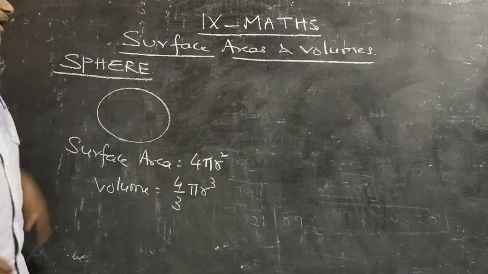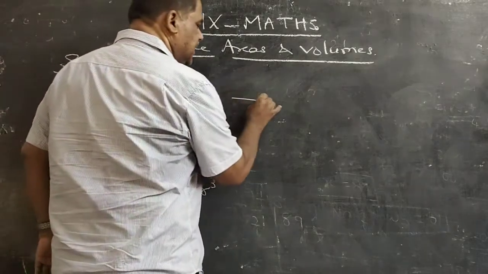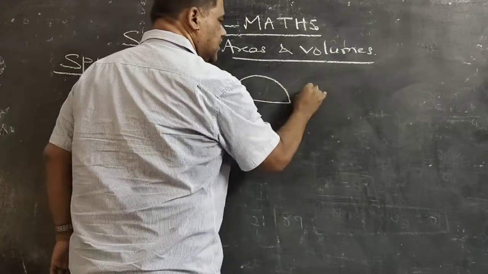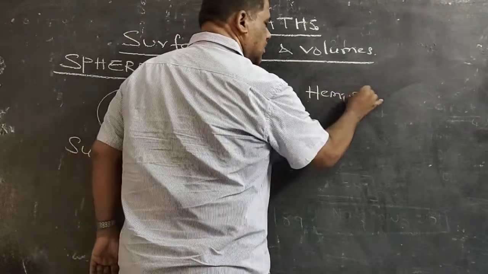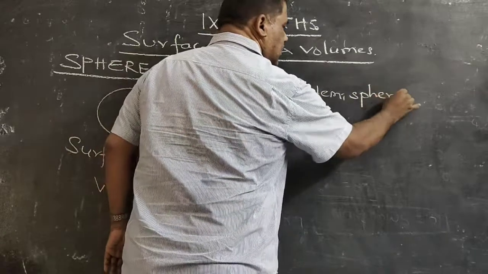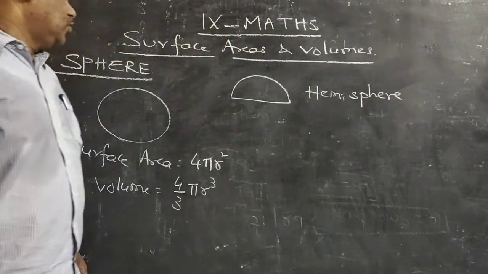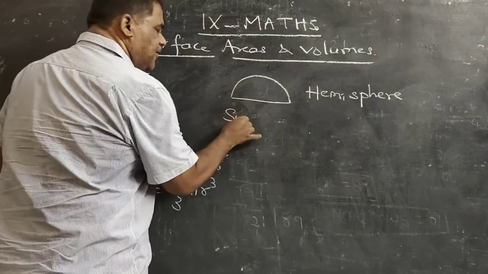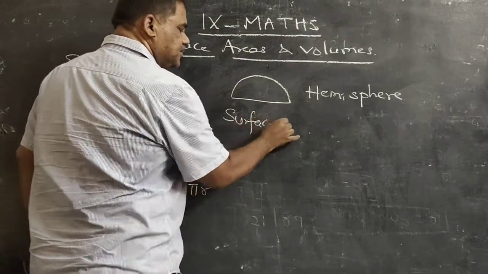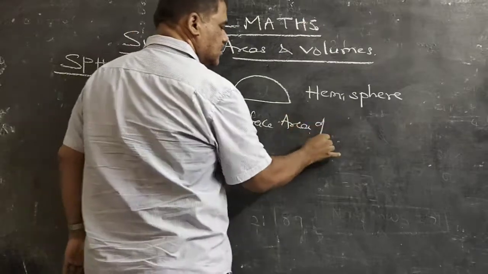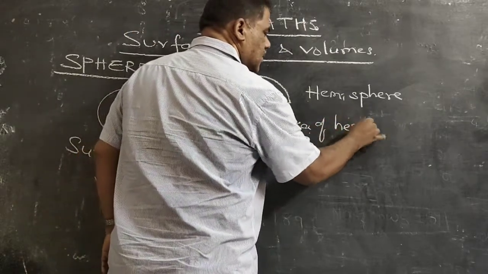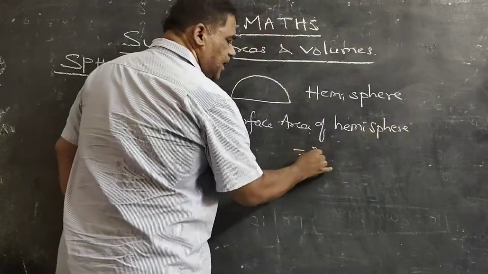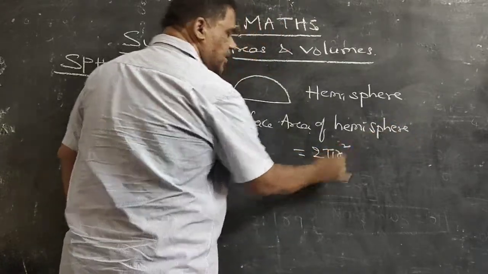When a sphere is cut into two equal parts, each part is known as hemisphere. This is hemisphere. Now, surface area of hemisphere. Surface area of hemisphere is 2 pi r square.